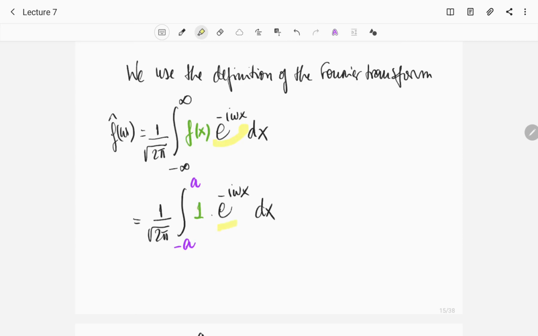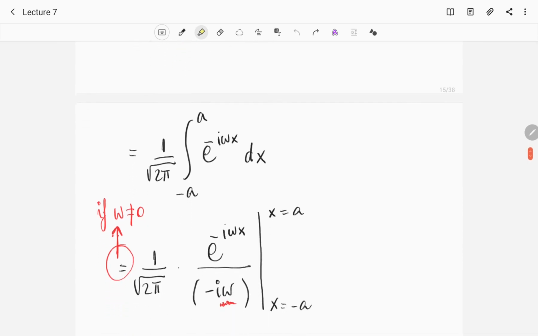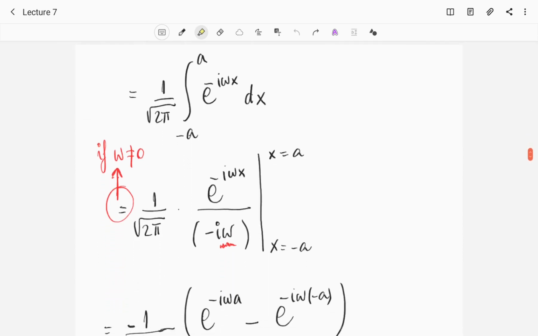And well, we just copy this part because we don't have to do anything yet. Okay, so now we need to integrate this exponential, which has this antiderivative, but this formula is okay if omega is not equal to 0. We will analyze the case omega equal to 0 shortly.